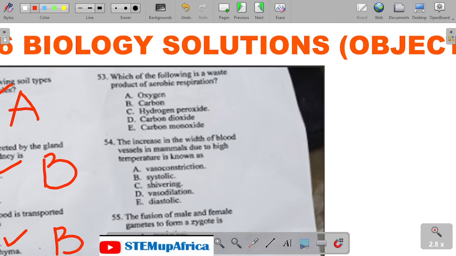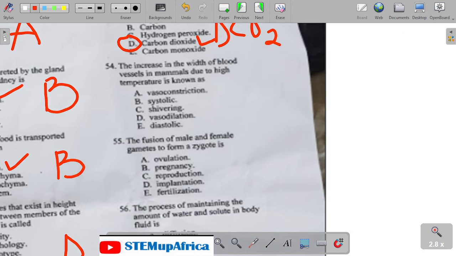So question 53. Which of the following is a waste product of anaerobic respiration? It's a waste product of anaerobic respiration. That's not oxygen. The answer is carbon dioxide, which is CO2. So the solution here is option D. 54.